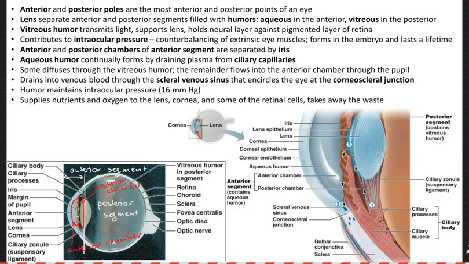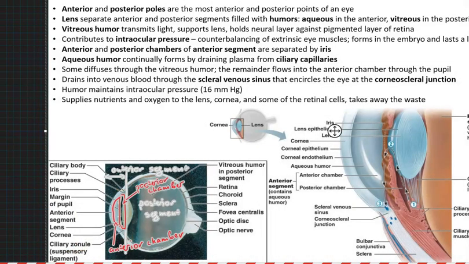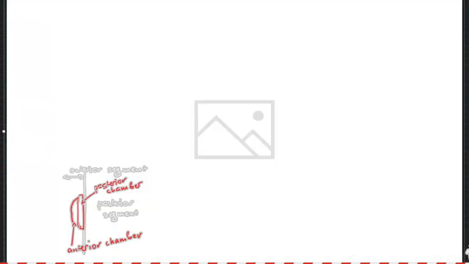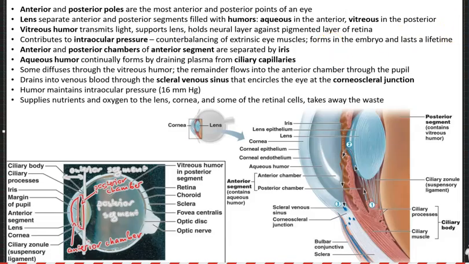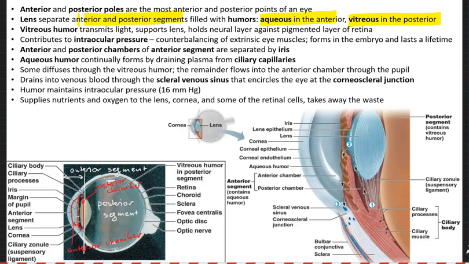So now let's highlight some stuff that I've already mentioned. So, lens separates the segments. Aqueous humor fills the anterior, vitreous fills the posterior.